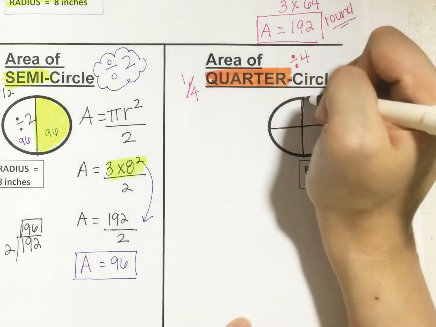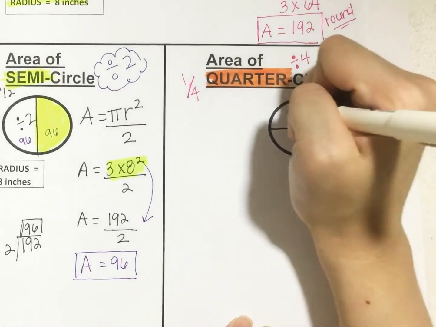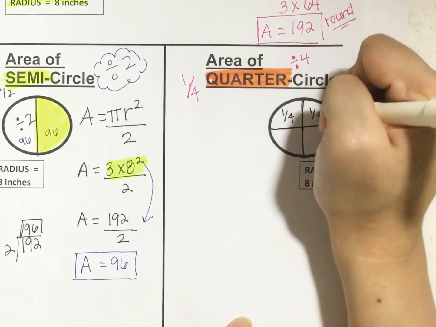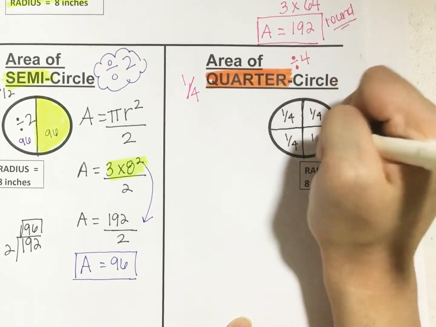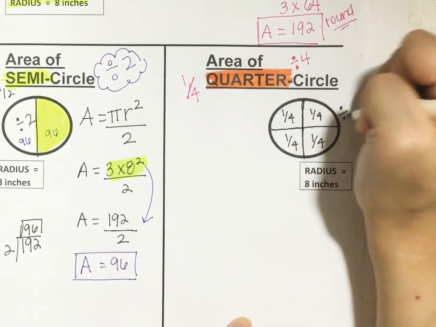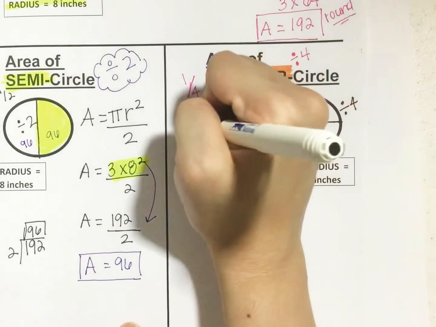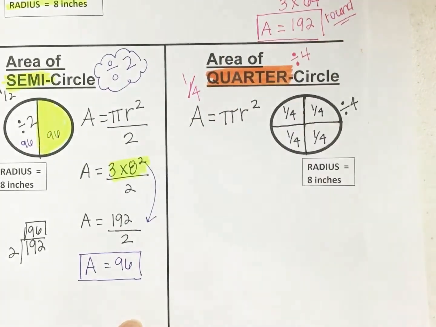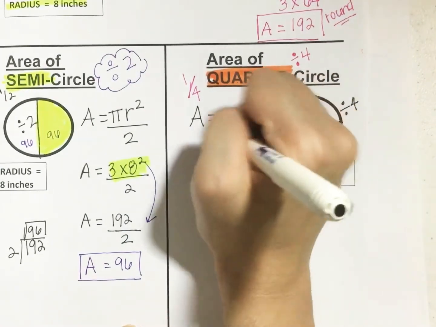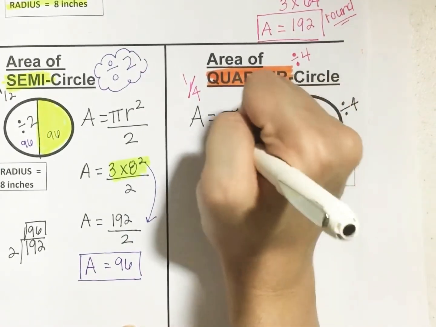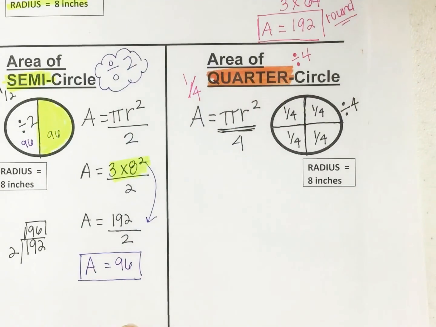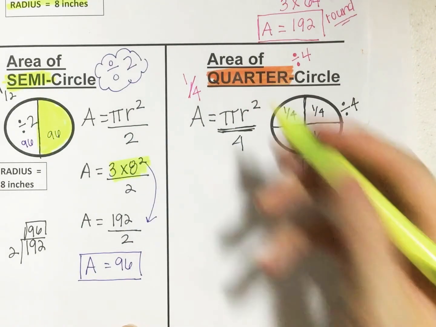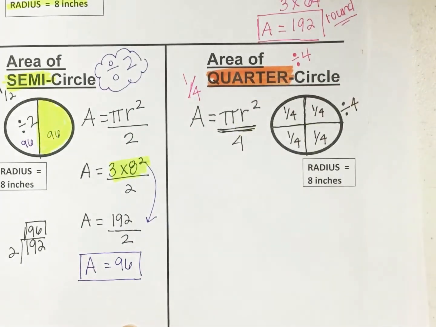I know it doesn't look even, but 4 even parts: 1/4, 1/4, 1/4, and 1/4. So I'm going to divide by 4 at the end. We use the same formula for the circle, pi r to the second power, but we're going to have to divide by 4 at the end.